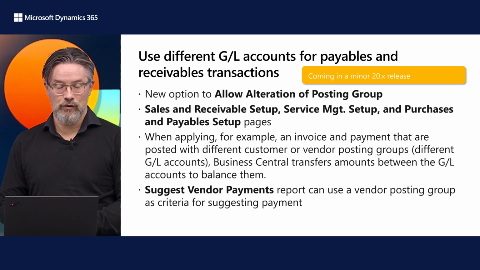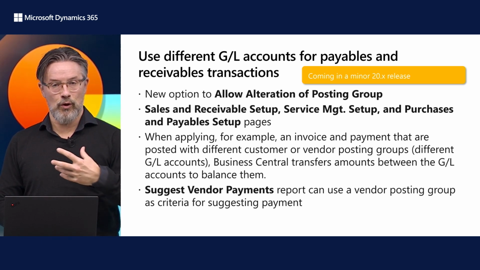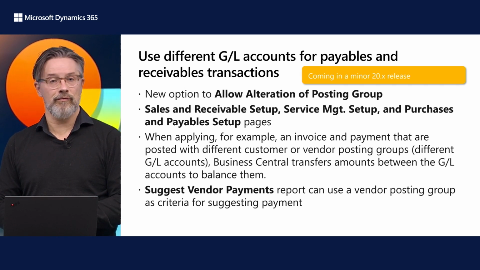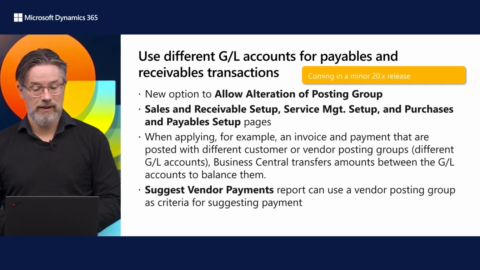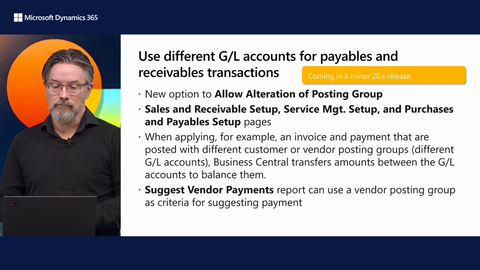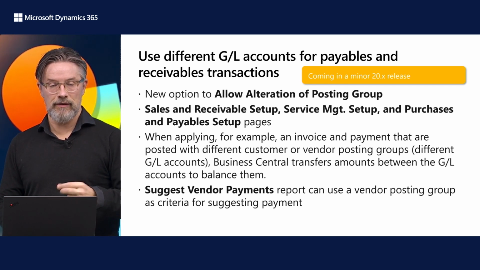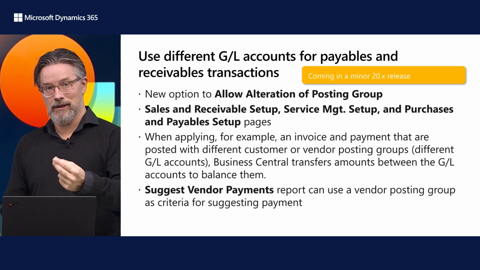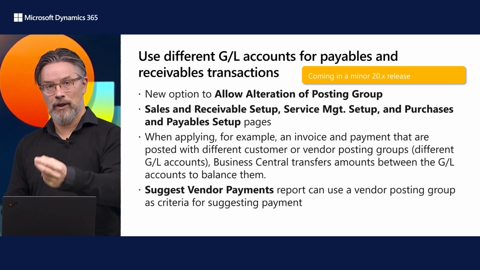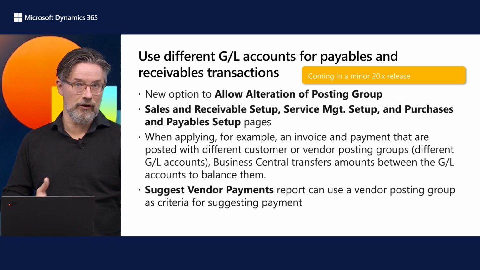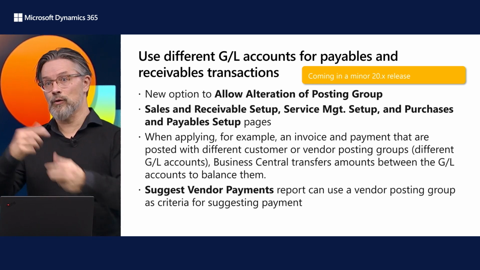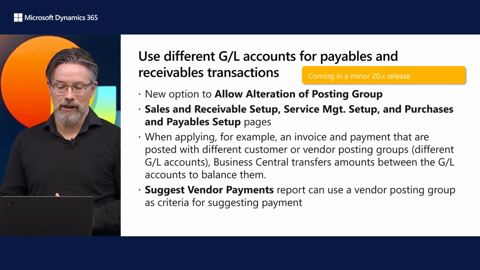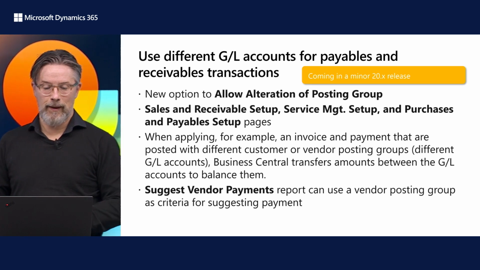Today, if you want to post an invoice to a different set of accounts, like a different group of receivables, or the sales account should be something else, you would use a different posting group. What you would do is go to the master entity, like the customer card, and change the posting group, then go back, post the document that was special, and then go back and change the master data again. There's no need for all of these steps.